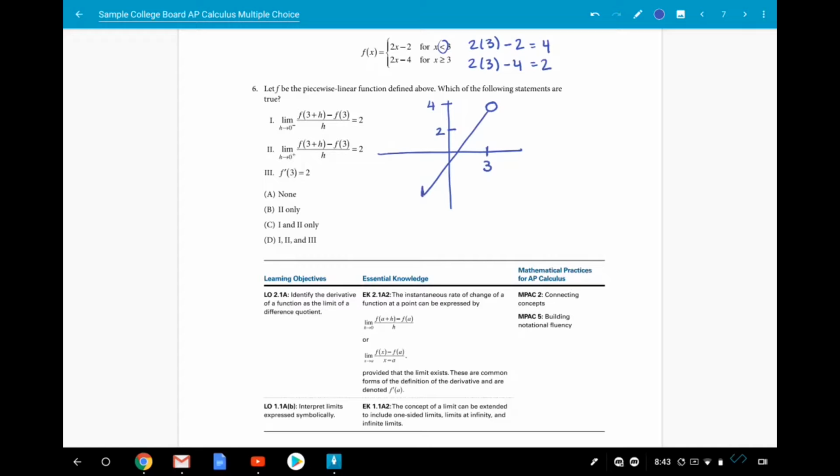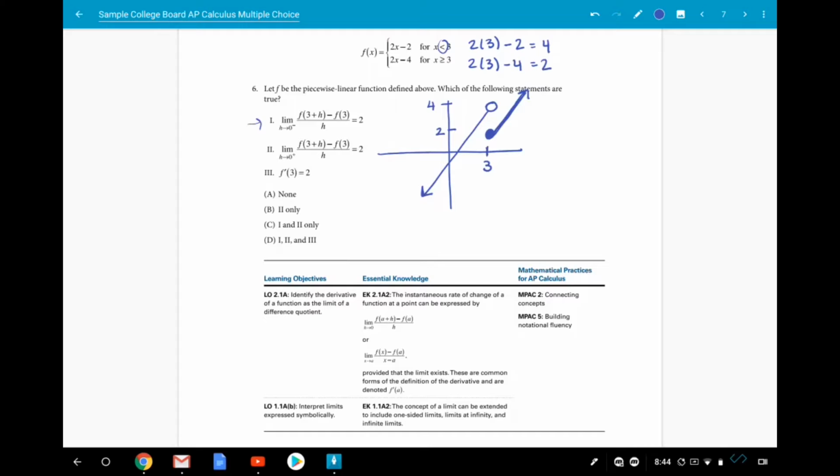So I'm going to graph something that looks somewhat familiar. And then x is greater than or equal to 3. The value is 2, so it's a closed circle, and then it's also increasing with the same slope.